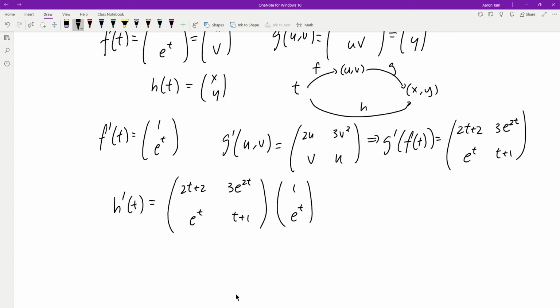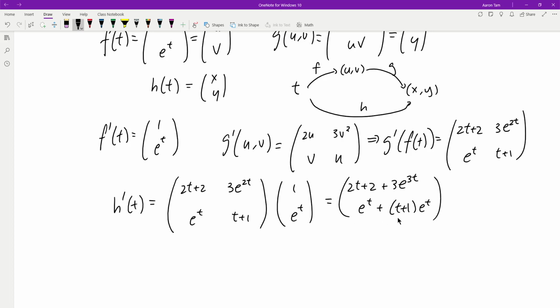Notice that the function f prime has to be written vertically, otherwise the multiplication doesn't make sense. And so if I do that, that will be 2t plus 2 plus 3e to the 2t times e to the t, which is 3e to the 3t. And then the bottom will be e to the t plus (t plus 1) e to the t.